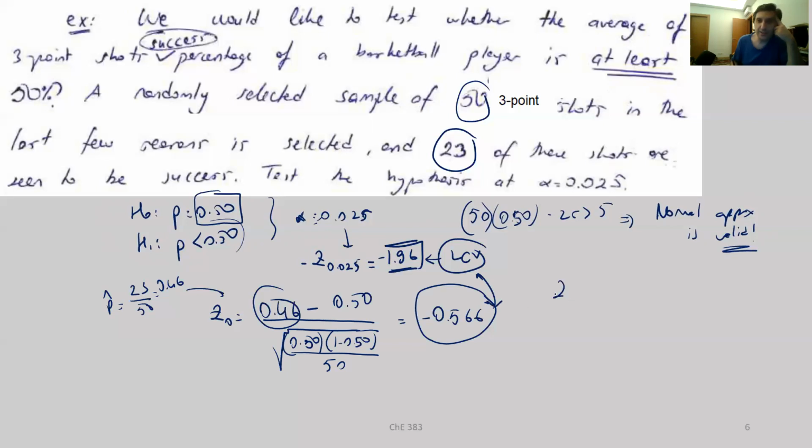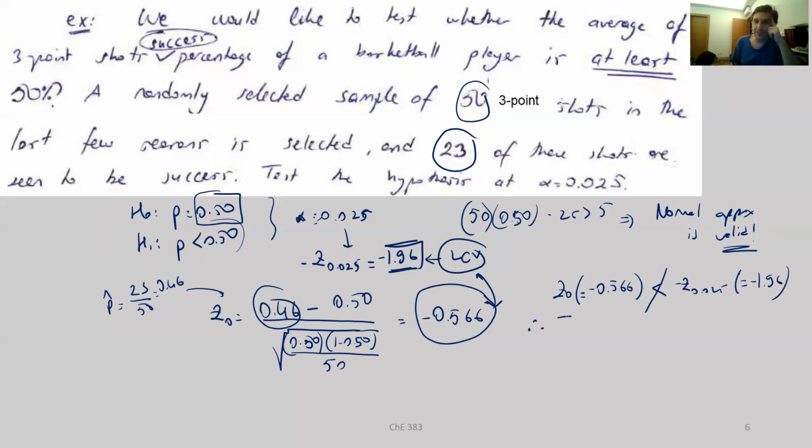Now what we do is we check those two values. We check whether Z0 value, which is equal to minus 0.566, is smaller than the critical z value, which is equal to minus 1.96. No, it is inside the acceptance region.